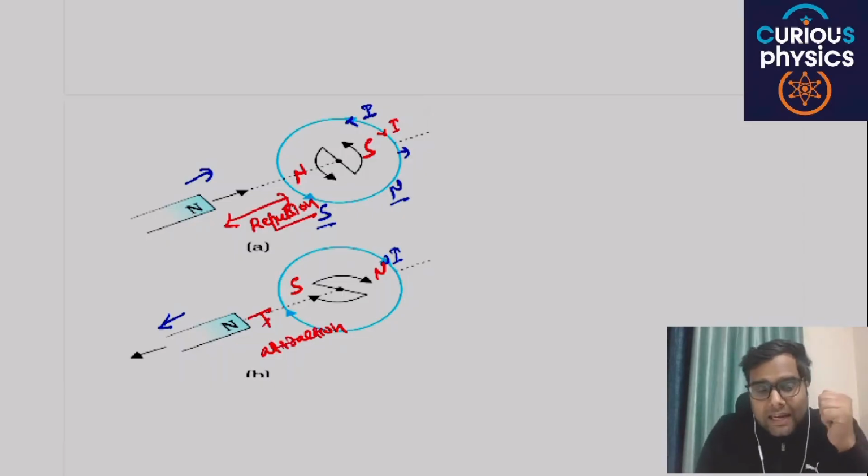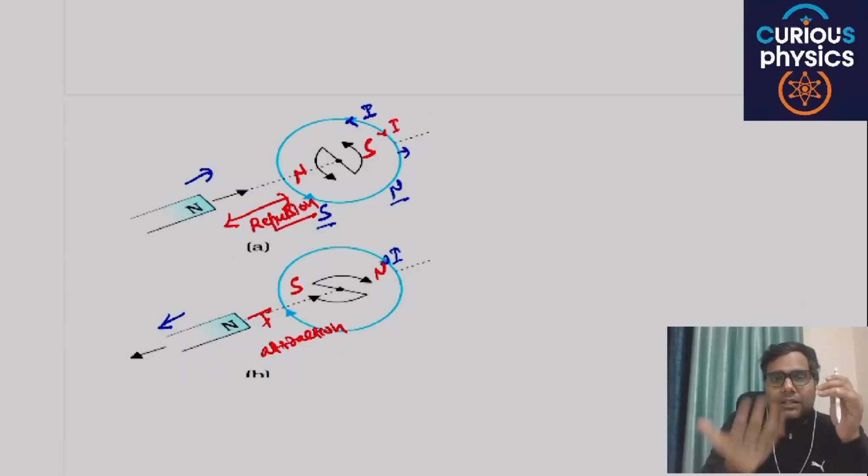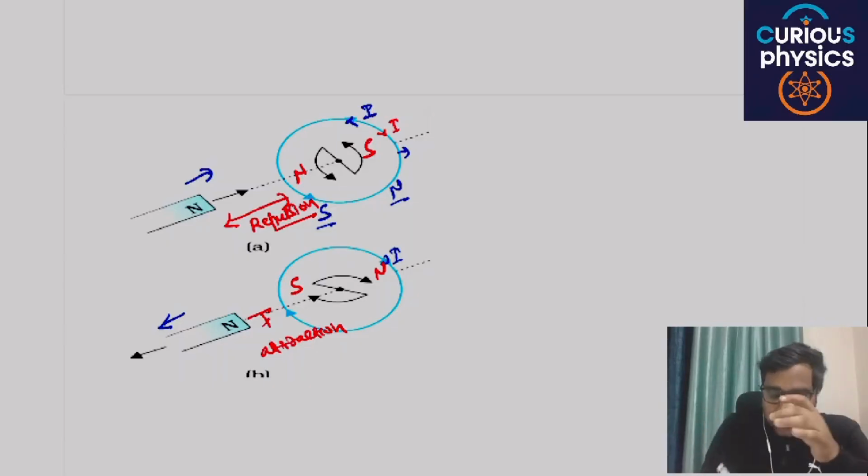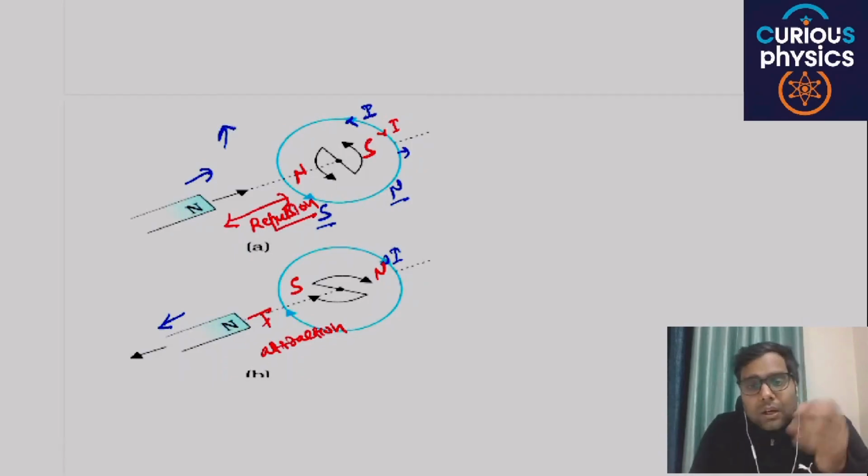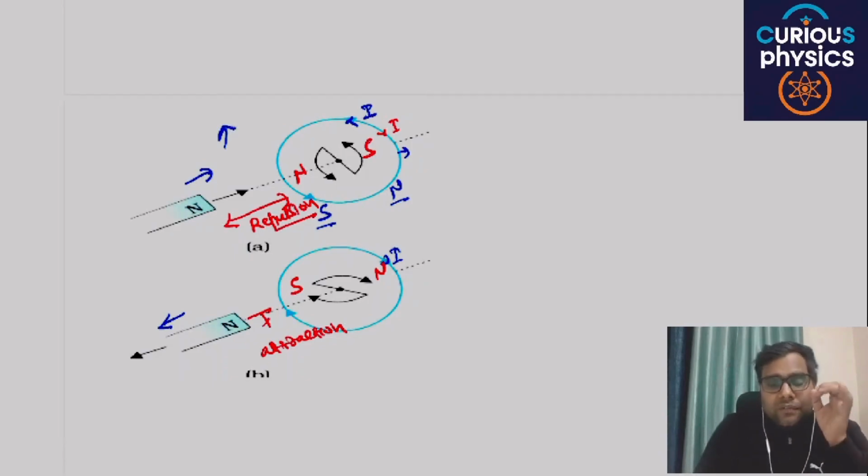If the direction of current is clockwise, then it will create its own energy, which is basically the violation of conservation of energy.